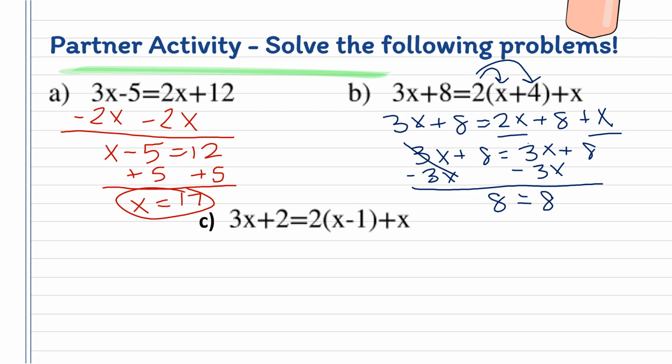All right, let's look at C. I have this group here. Let's multiply in the 2. When I do that, I'm left with 2x minus 2 plus x. Let's combine these.